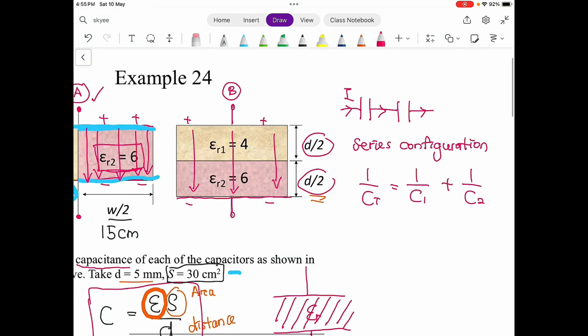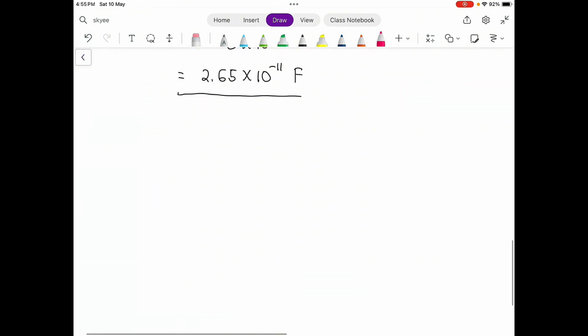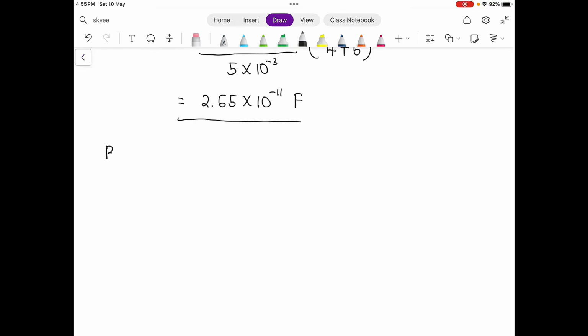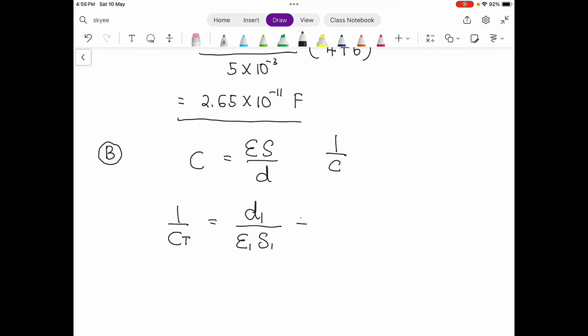Complete. So we go to capacitor B. For capacitor B, we'll be using this equation, the general equation for capacitors. We have 1 over CT equals 1 over C1, and 1 over C1 is D1 over epsilon 1 S1, because it's 1 over C, plus D2 over epsilon 2 S2.